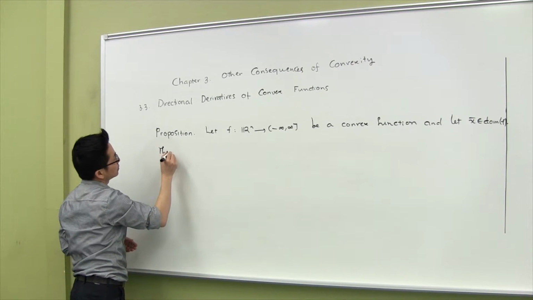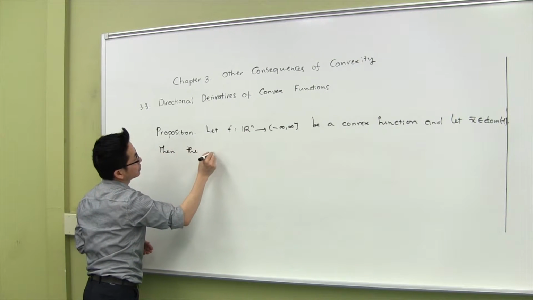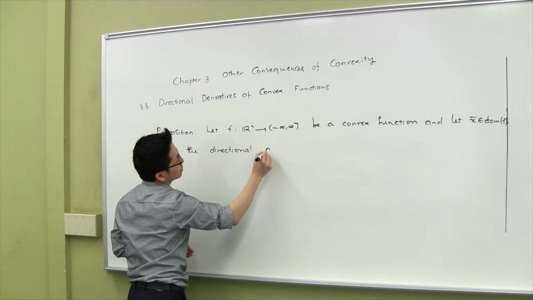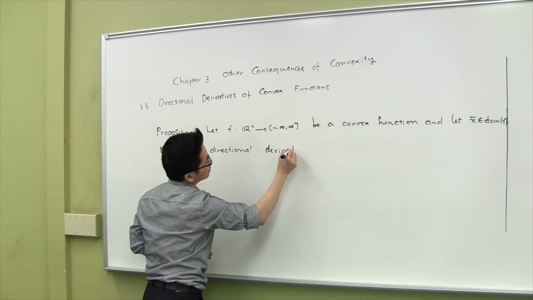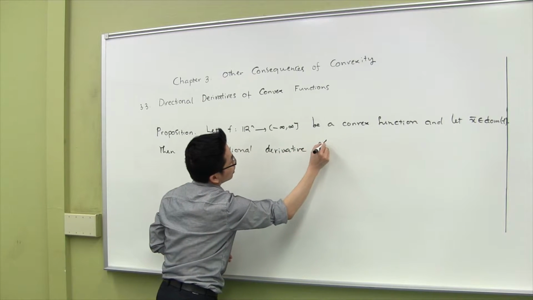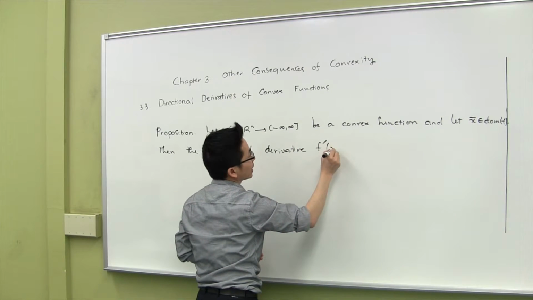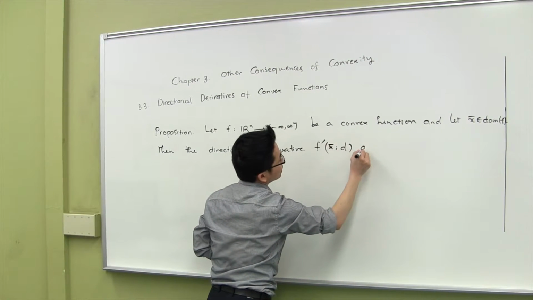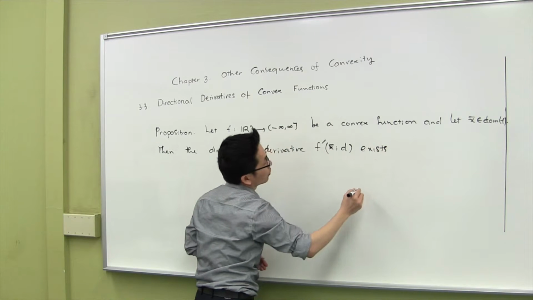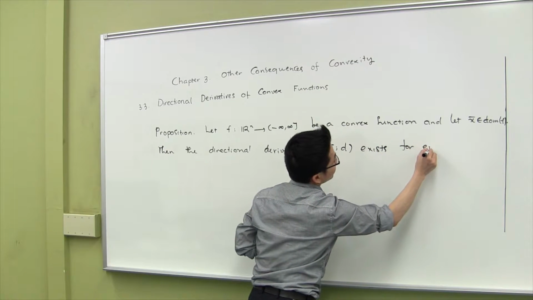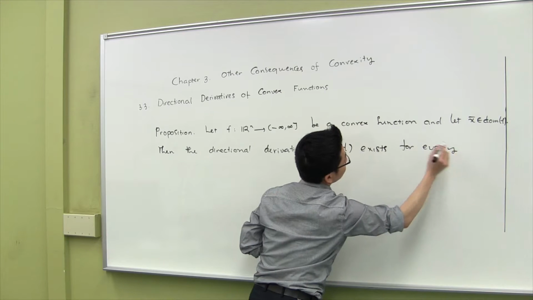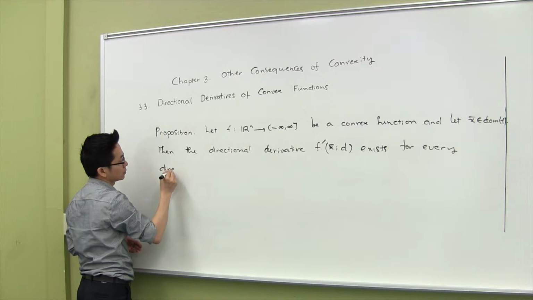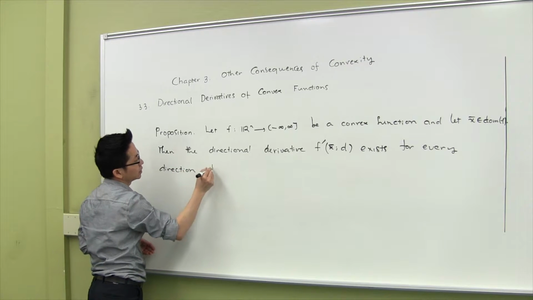Then the directional derivative f prime of x bar in the direction d exists for every direction d in Rn.